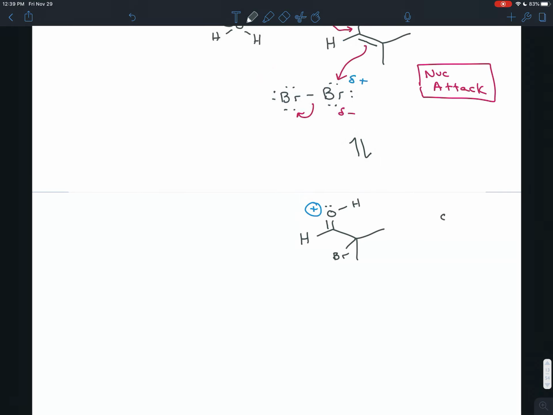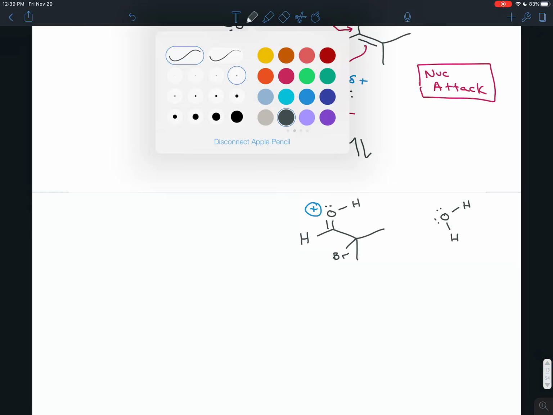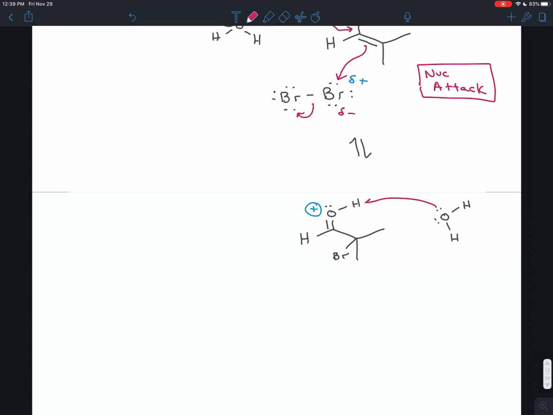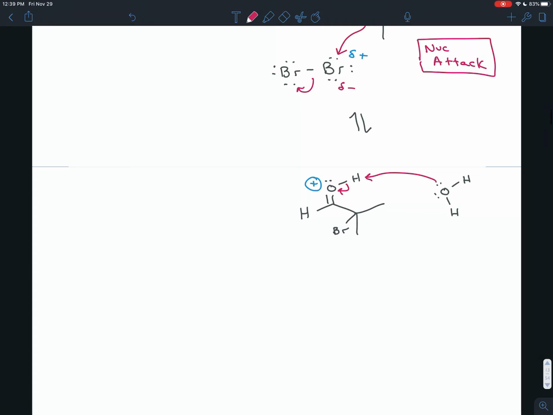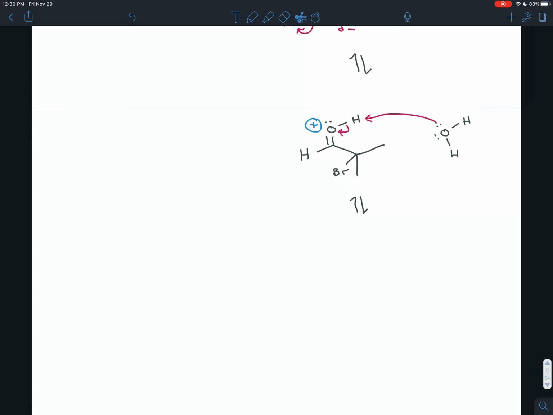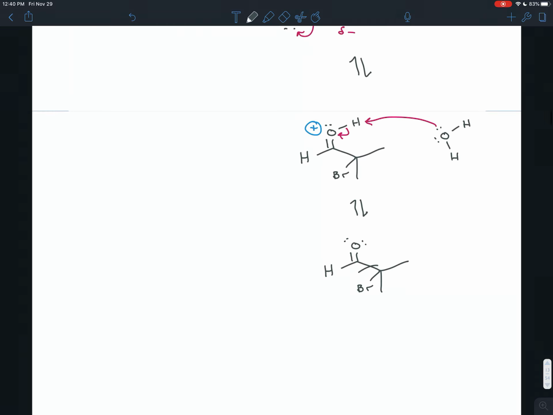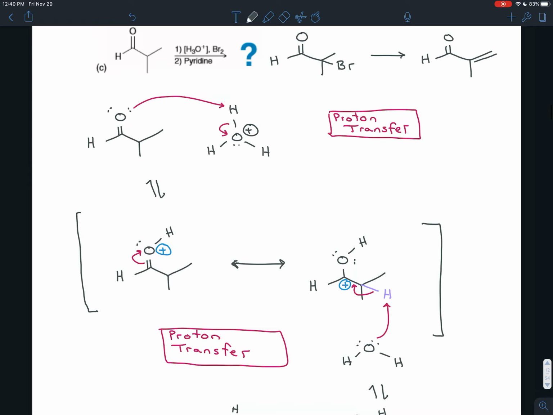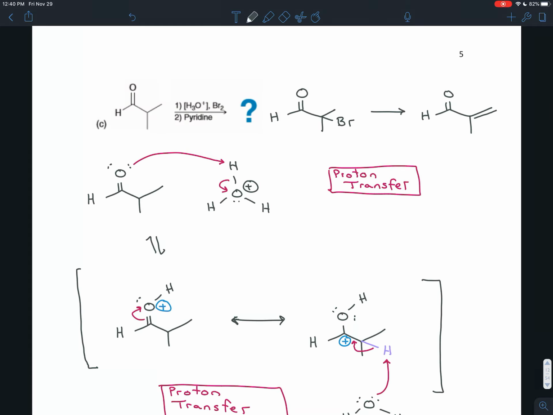So a water molecule can come in and steal that hydrogen. Slightly negative oxygen could steal the slightly positive hydrogen there. The electrons would snap back onto that oxygen, and we'd have our first product, the result of the first step of our reaction. We have our original aldehyde just with a bromine on the alpha position.